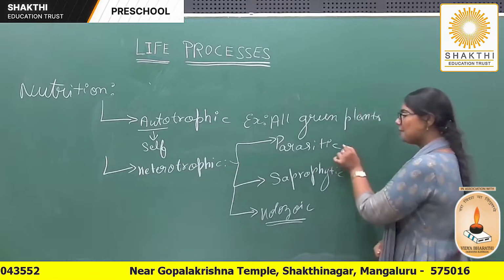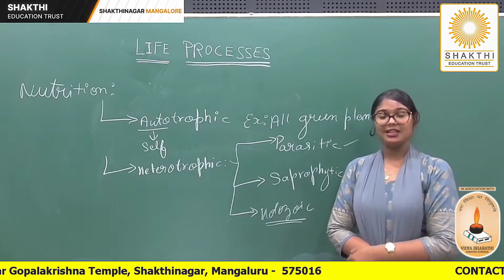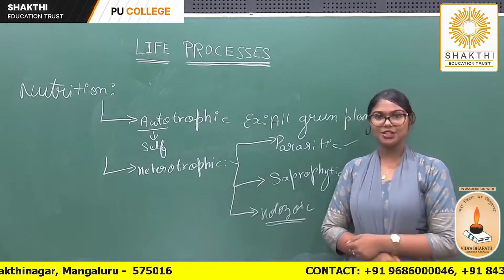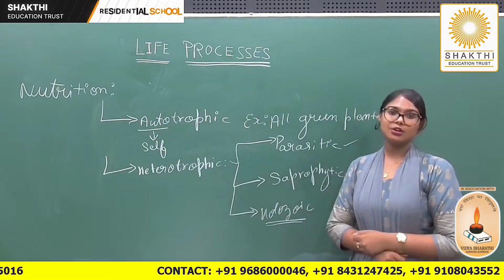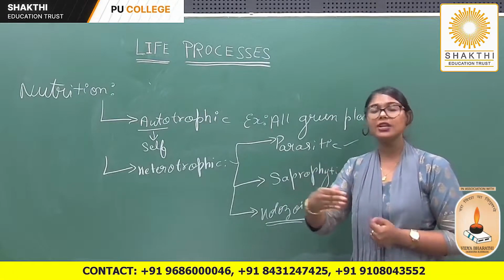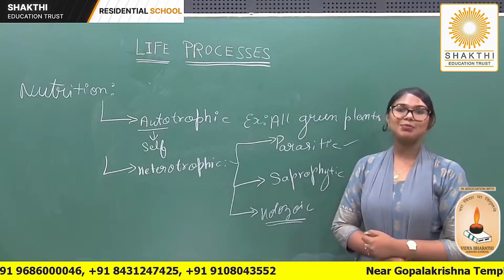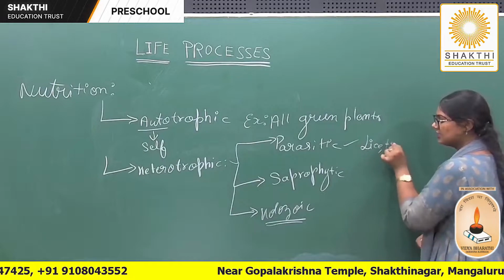What is parasitic nutrition? If a question is asked, then it is a mode of heterotrophic nutrition in which an organism feeds on another organism, or it lives on another organism and obtains its food. Example for this, we have lice and ticks.